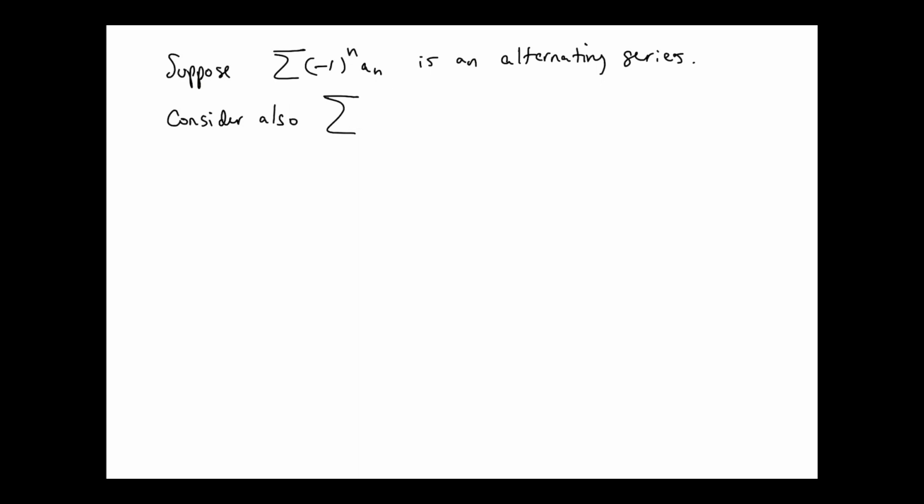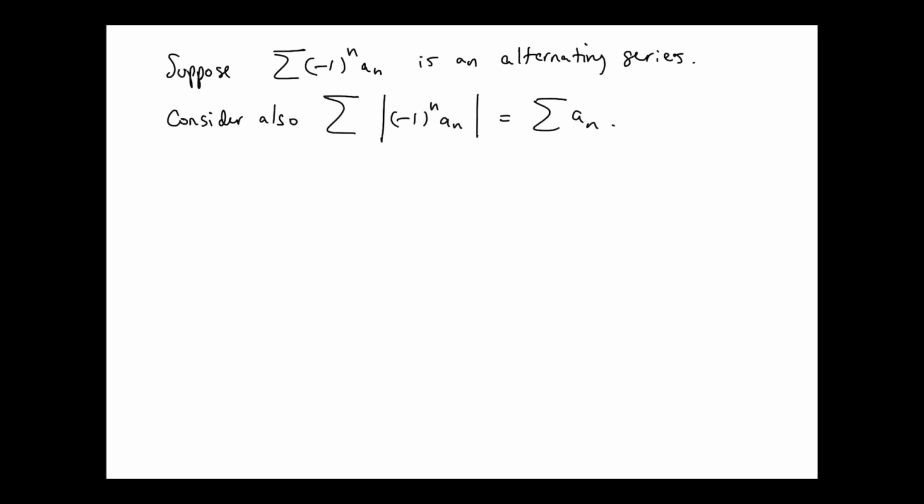Okay, so if I have an alternating series, I could just pretend that the alternating part, the -1 to the whatever, isn't there.